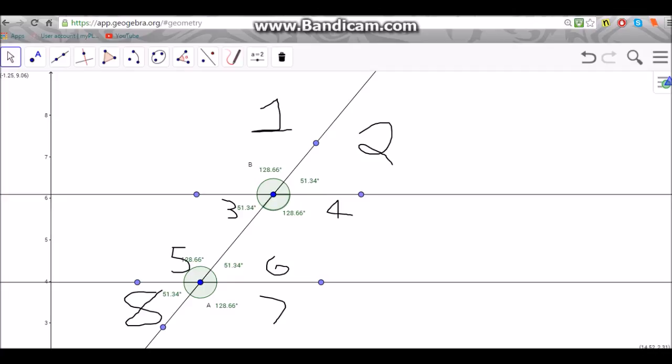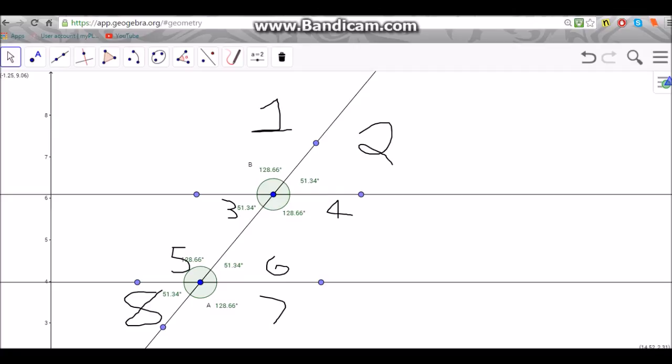Alternate interior angles are angles that are on alternate sides of the transversal and on the insides of both parallel lines, so inside of line B and line A. And they have the same measure, so in this case we would have angles 4 and 5 and angles 3 and 6 as alternate interior angles.